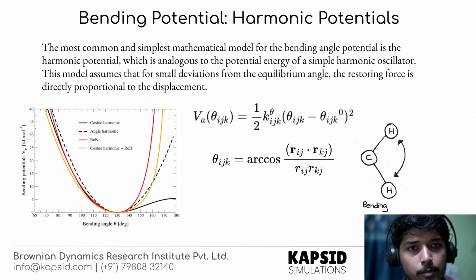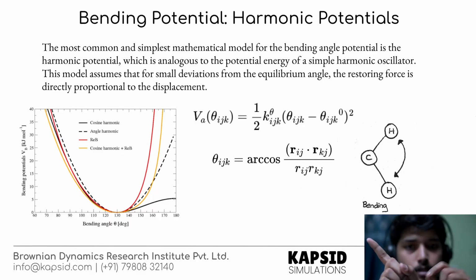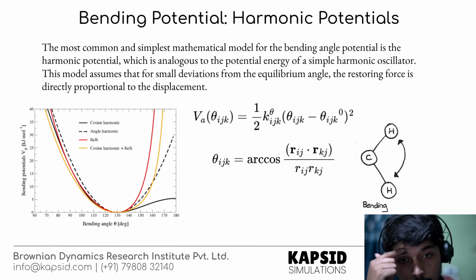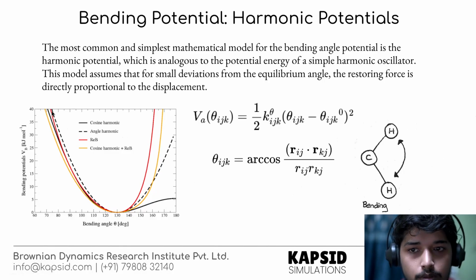This keeps atoms in a defined position, but they also have some room for bending. So we start with a harmonic potential, which is the dotted line here.